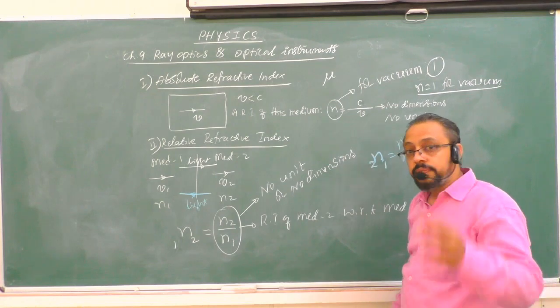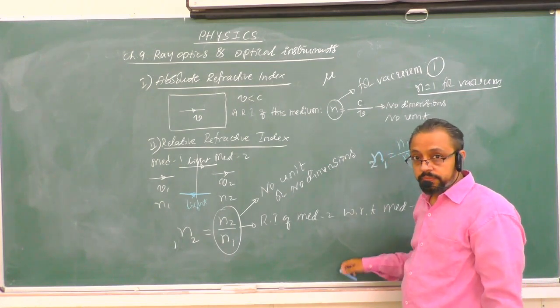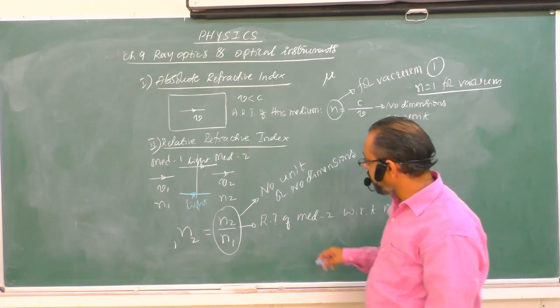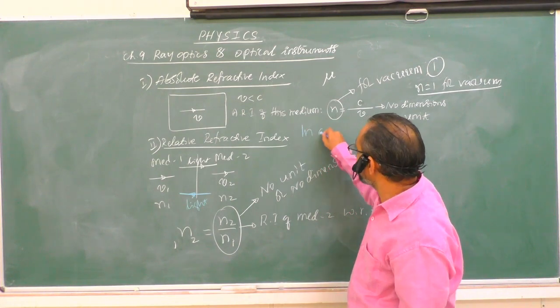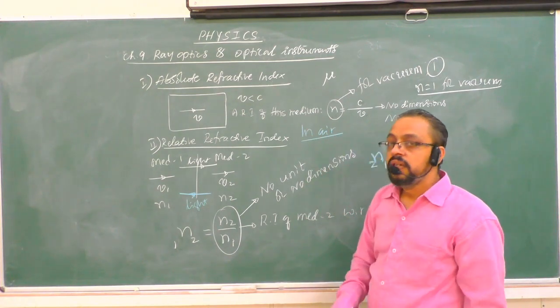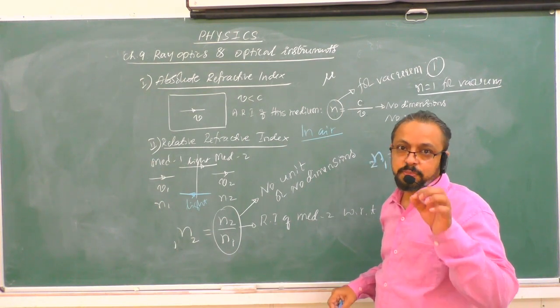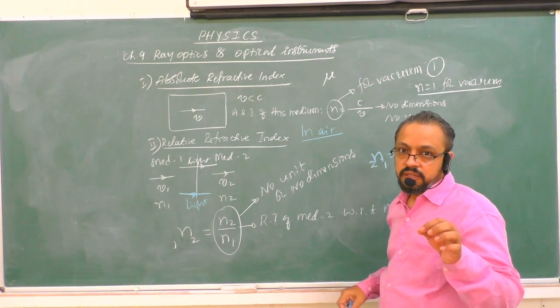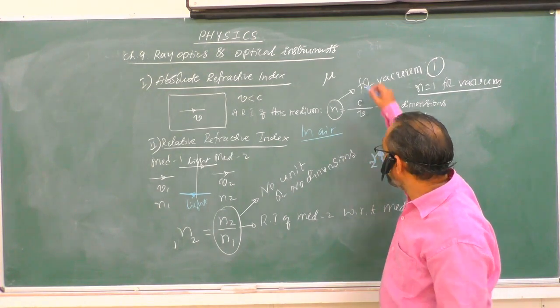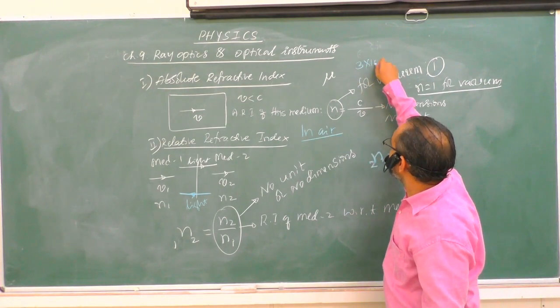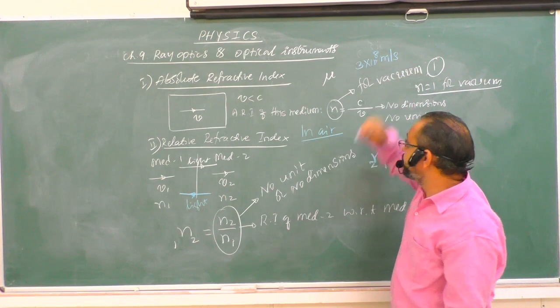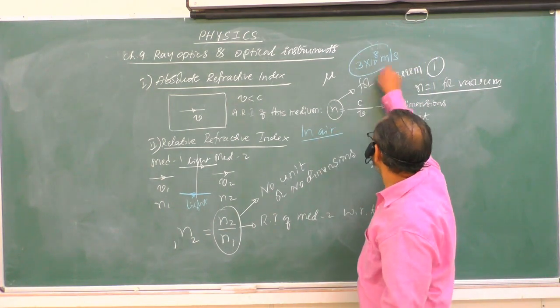And what about air? So I will make you clear. In air, what happens? There is a slight decrease in the speed of light. That means in vacuum, the speed is 3 into 10 power 8 meter per second.